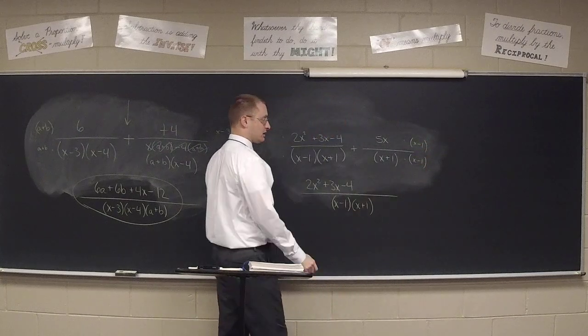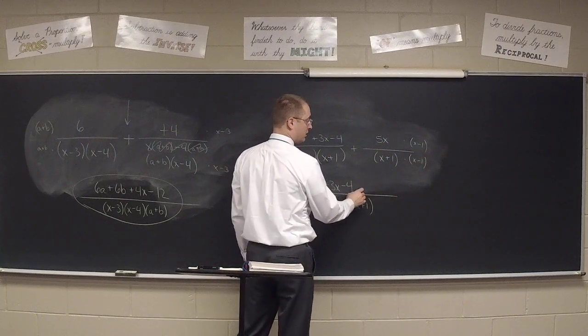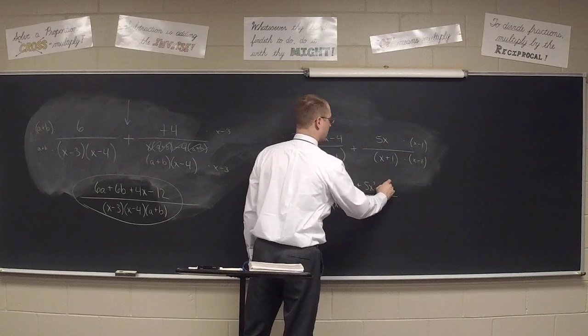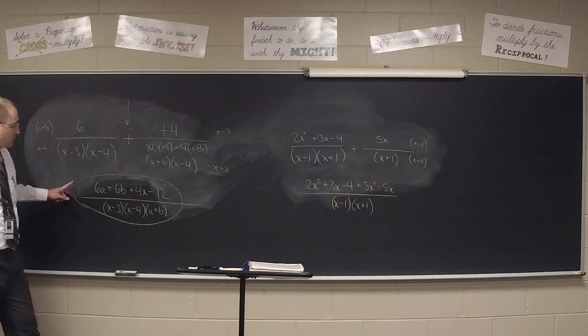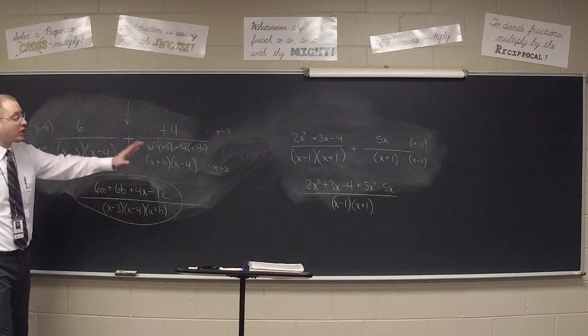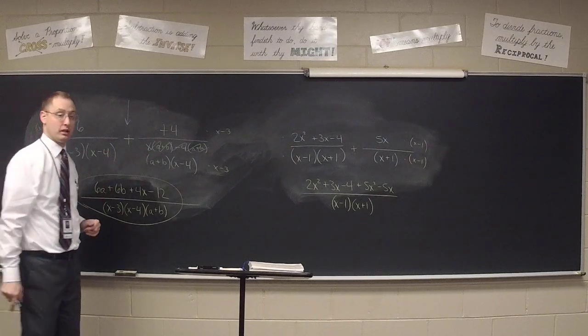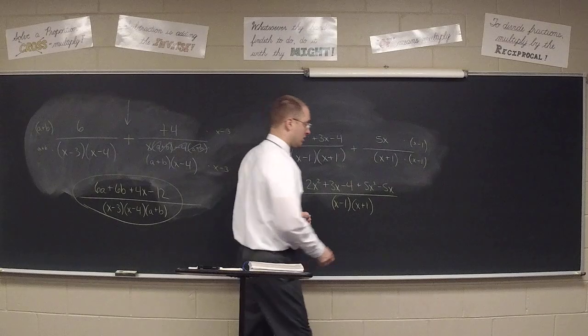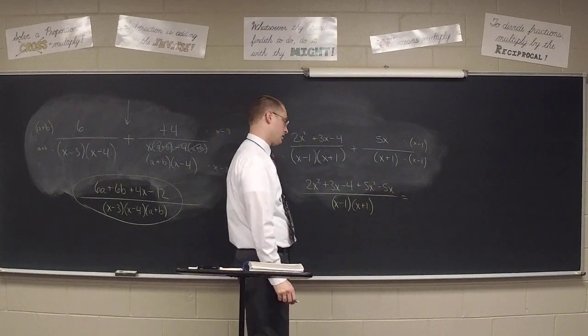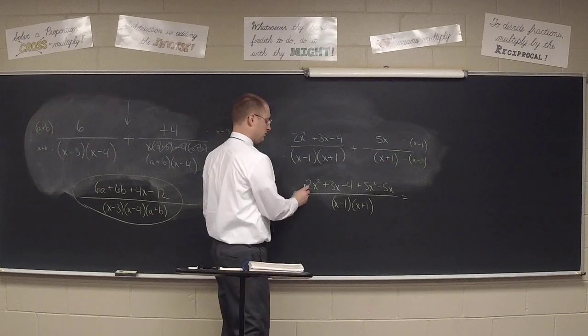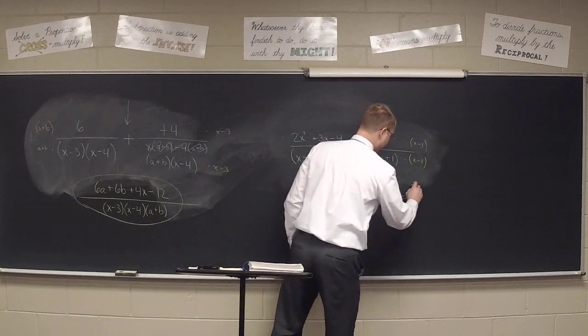And that gives us 5x squared negative 5x. We're not done this time because unlike the previous problem Maddie had, here we can actually combine to get 3x squared, 7x squared, there we go.